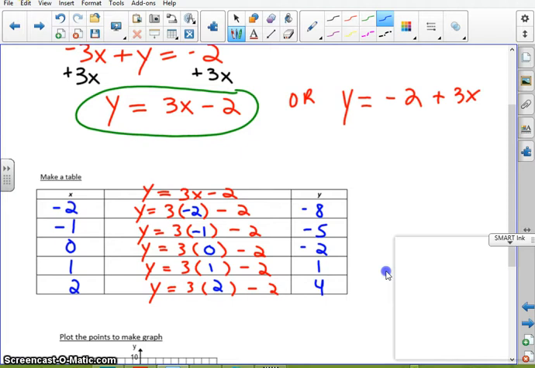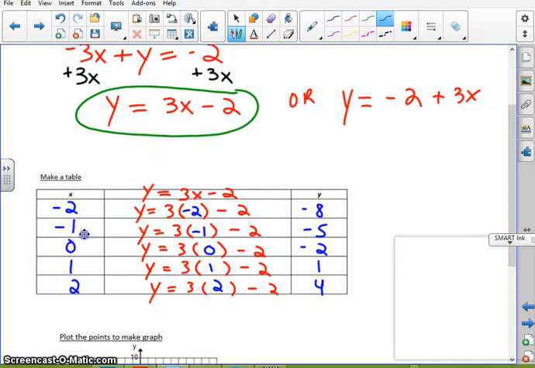When I plug -2 into my equation, y equals 3x subtract 2, 3 times -2 is -6. -6 subtract 2 is -8. So when x is -2, my y value is -8.